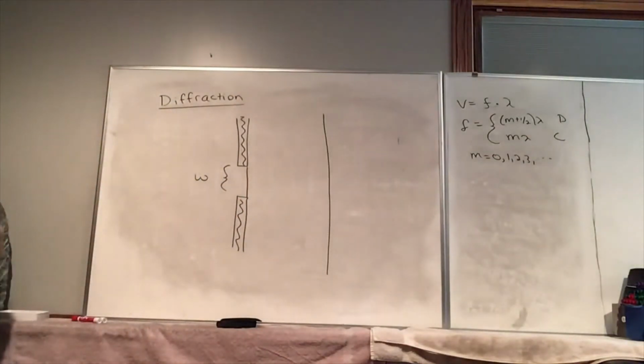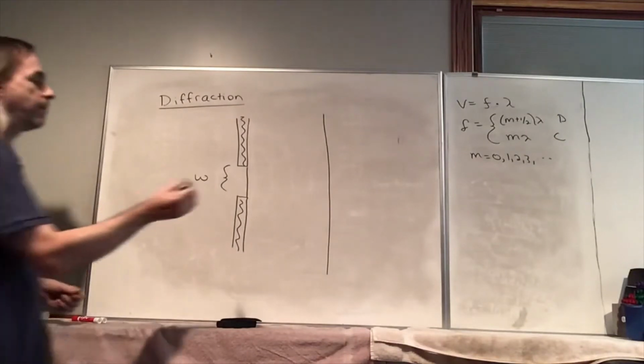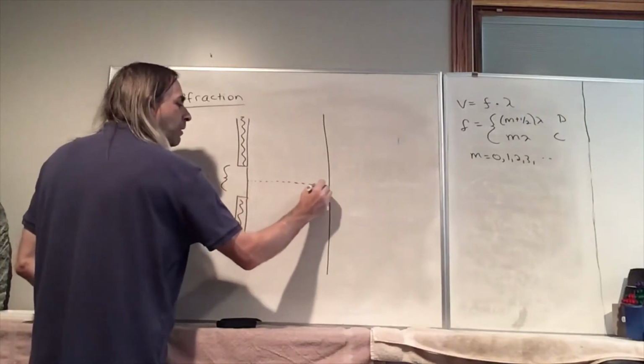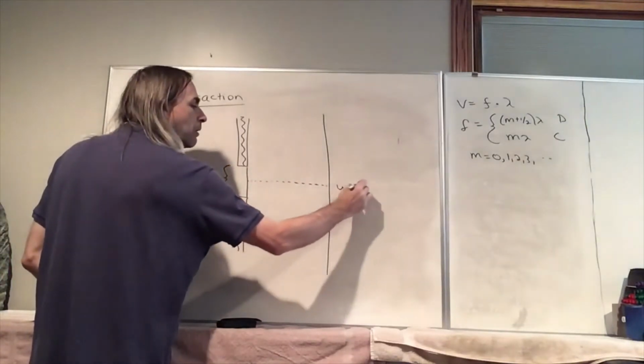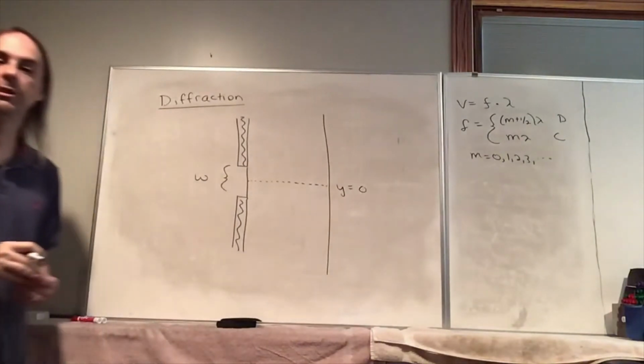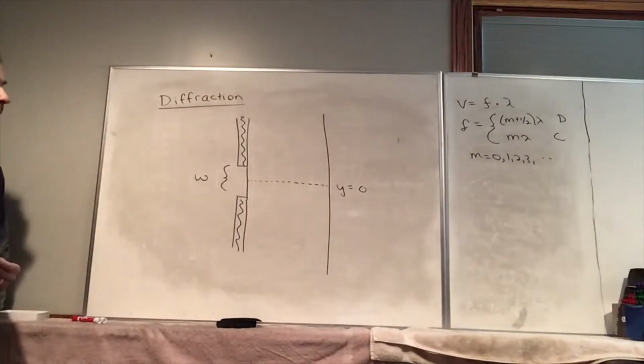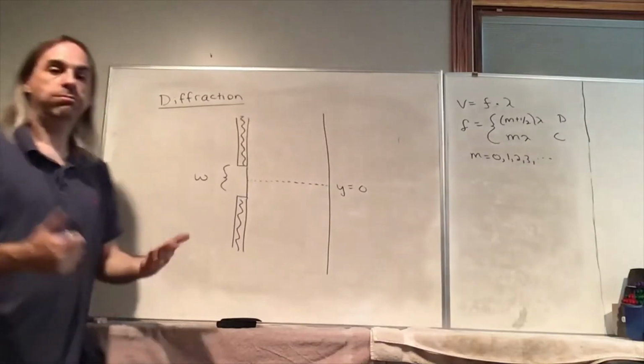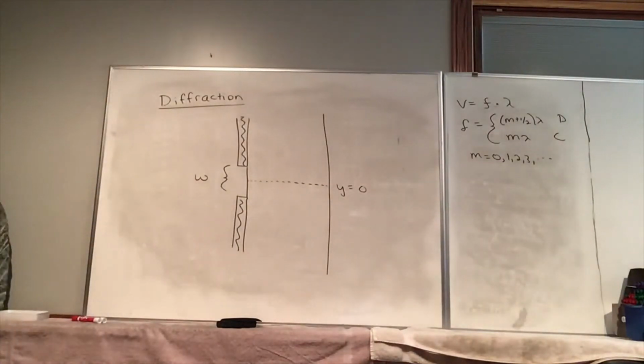And we want to know, like, at any given location, let's draw right down the middle of the width. Let's say this is y equals 0. And what are we going to get at y equals 0? And then, as we go away from the center, what are we going to see?